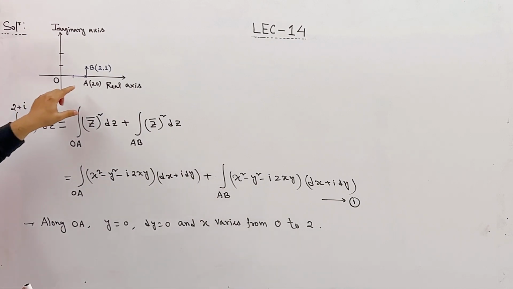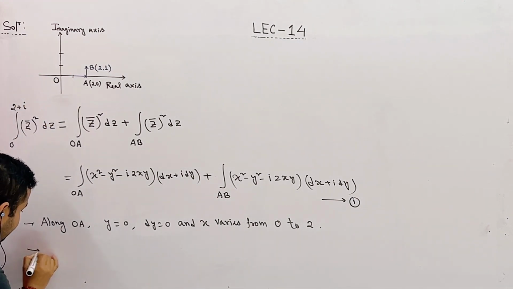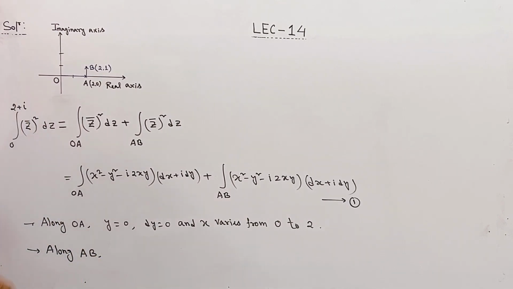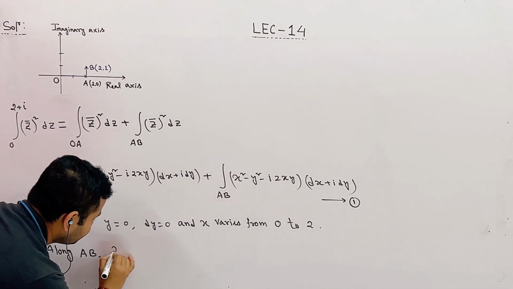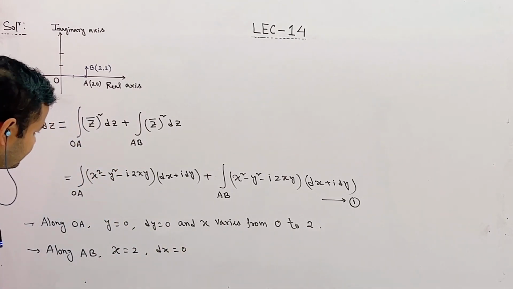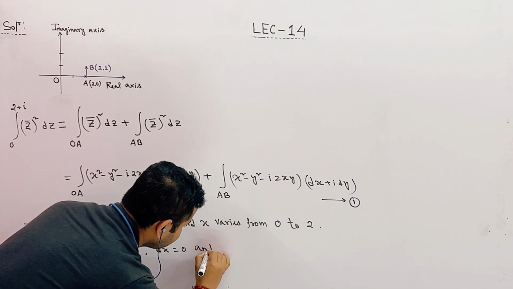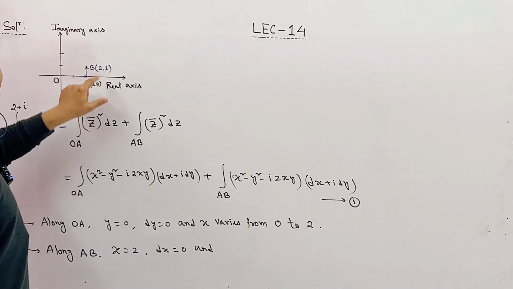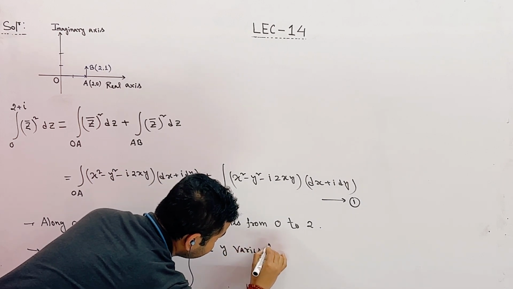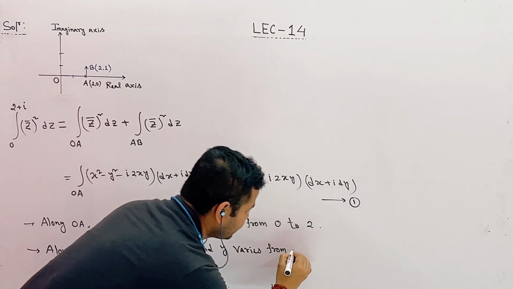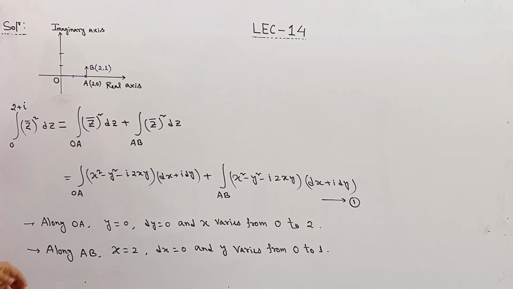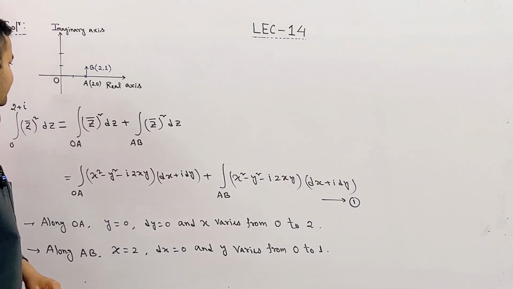And along AB, x equal to 2 and hence dx equal to 0, and y varies from 0 to 1. Now, let us substitute all these values in equation number 1.